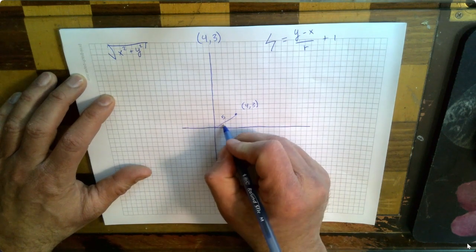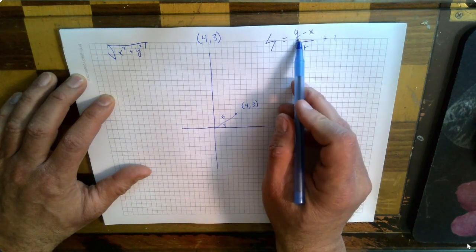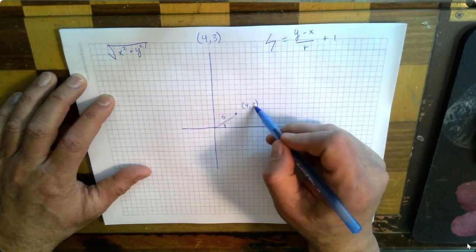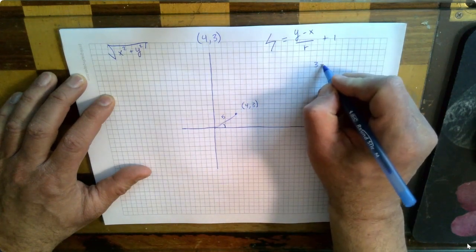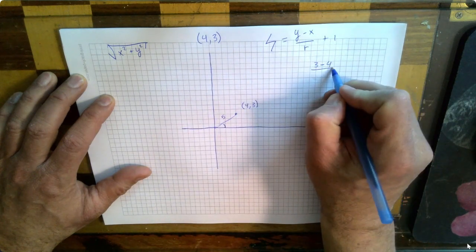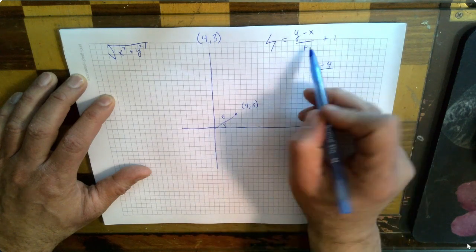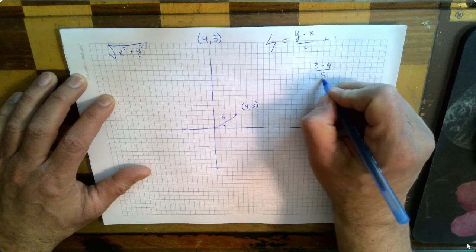So this measure, in quaterns, would be simply the y-coordinate, which is 3, minus the x-coordinate, which is 4, over the distance to the origin, or r, which is 5.